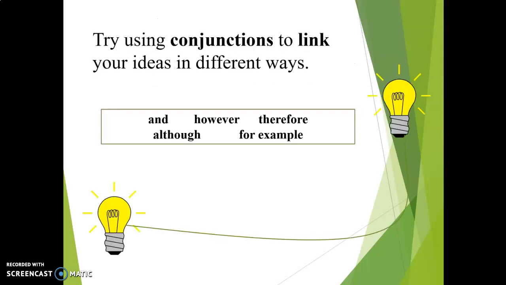Using conjunctions and transitional words is the best way I know to connect our thinking. So here are some very common conjunctions that we would use to connect ideas. We have "and," "but," and we also have "however," "therefore," "although," and "for example." These are all phrases we can use to connect one idea to the next.